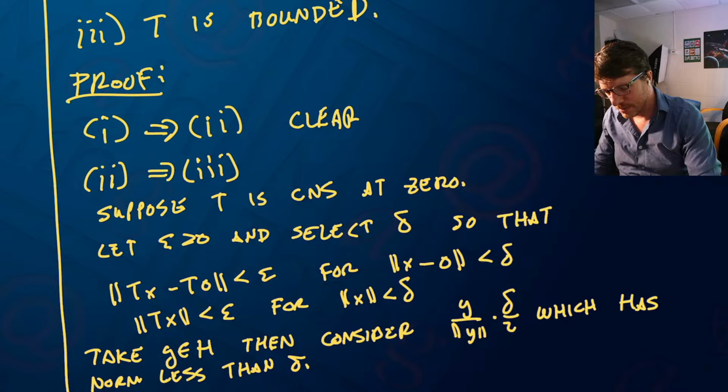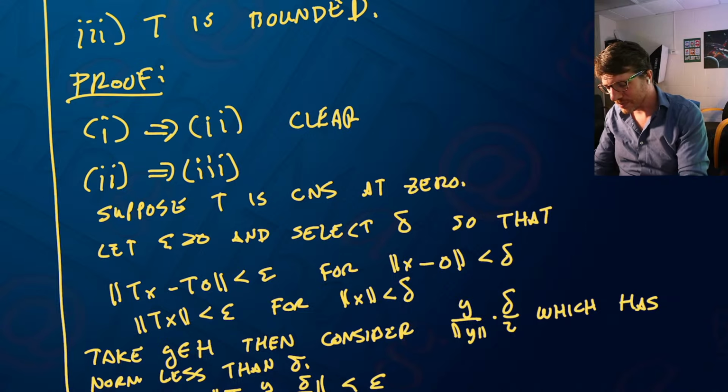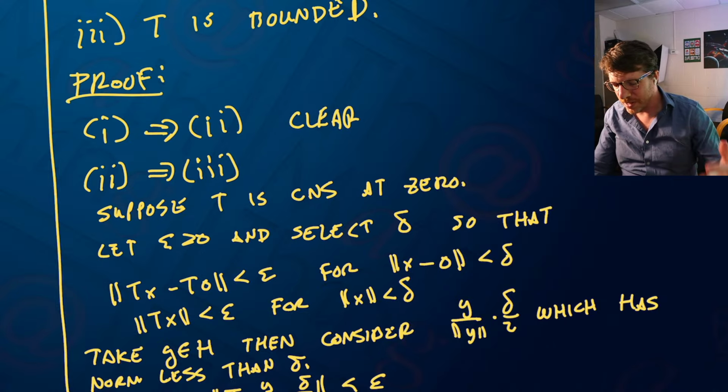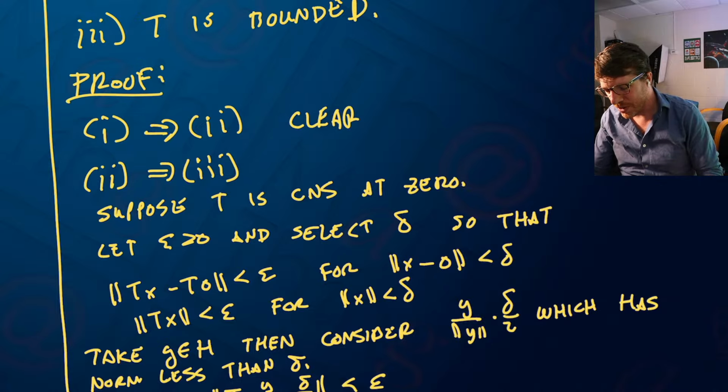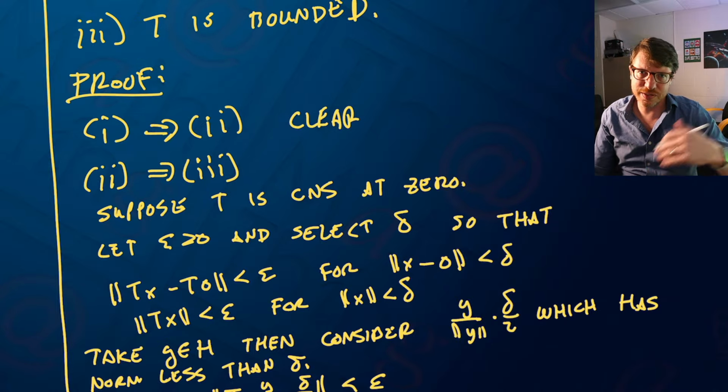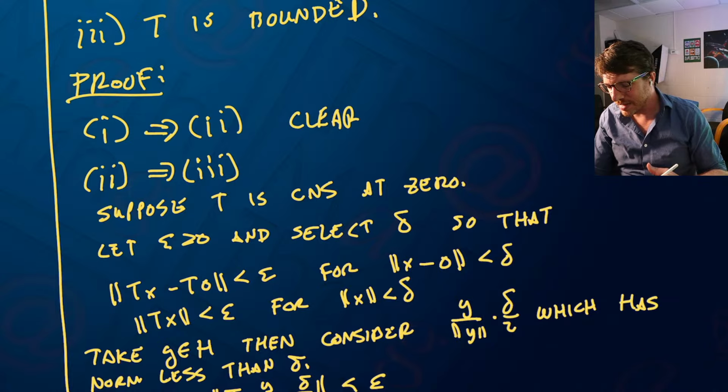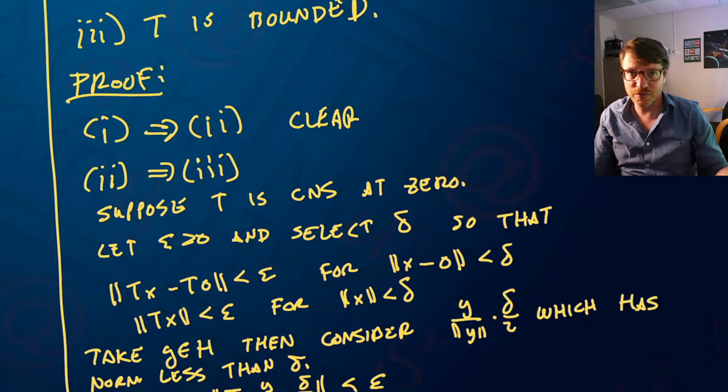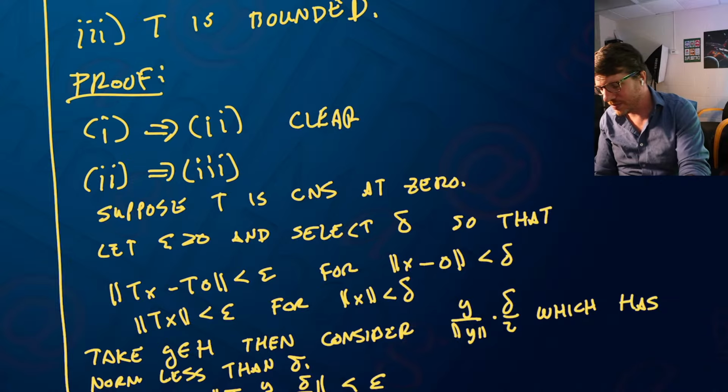So then we get the norm of T of y over norm of y, running out of space here. This we know is less than epsilon. And so what I can do then is multiply by the norm. I can take that norm of y out because of linearity and because of the norm, and I can also take out delta over 2, and move them all over to the other side of the inequality.